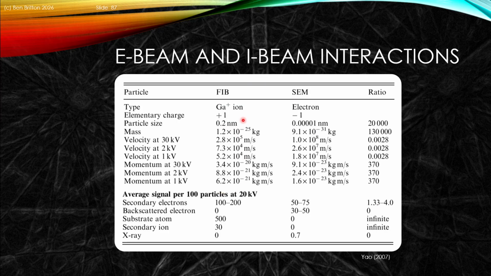Now, if we look at a comparison of the interactions of the ion beam and the scanning electron microscope, we can see a whole range of key properties: the velocities, energy and momentum. What's also important is that we can change the signal per 100 particles at 20 kiloelectron volts. Due to the secondary electron yield, we get a 50 to 75% yield of secondaries.